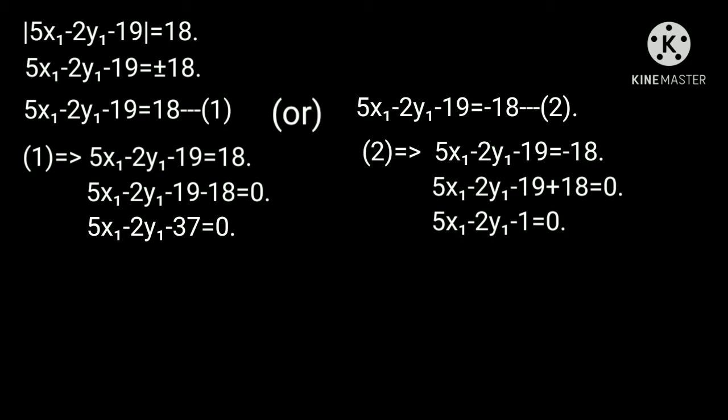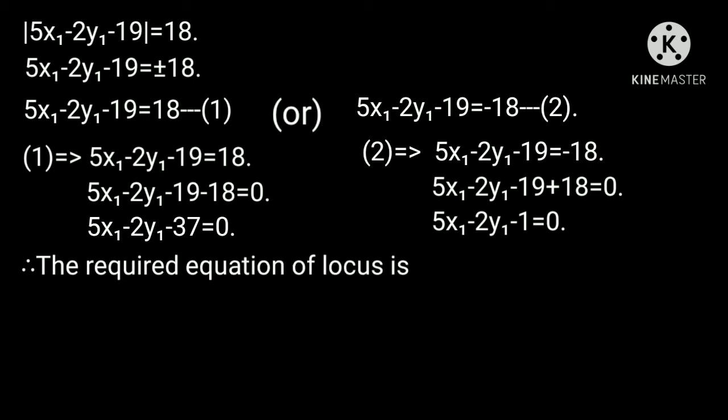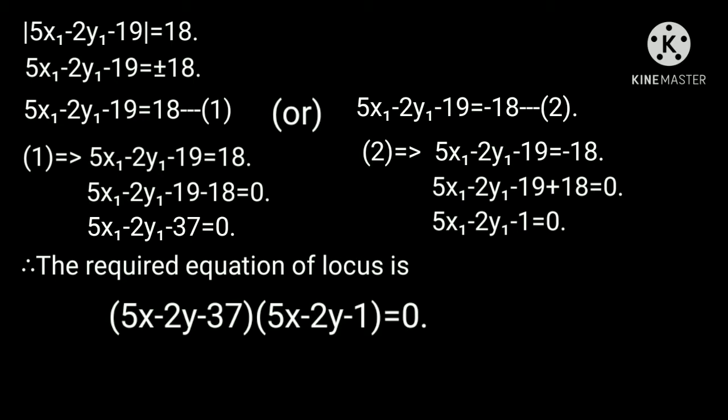Here the required equation of locus is the multiplication of the solutions of equations 1 and 2. Therefore, the required equation of locus is (5x - 2y - 37)(5x - 2y - 1) = 0. This is our required problem solution.